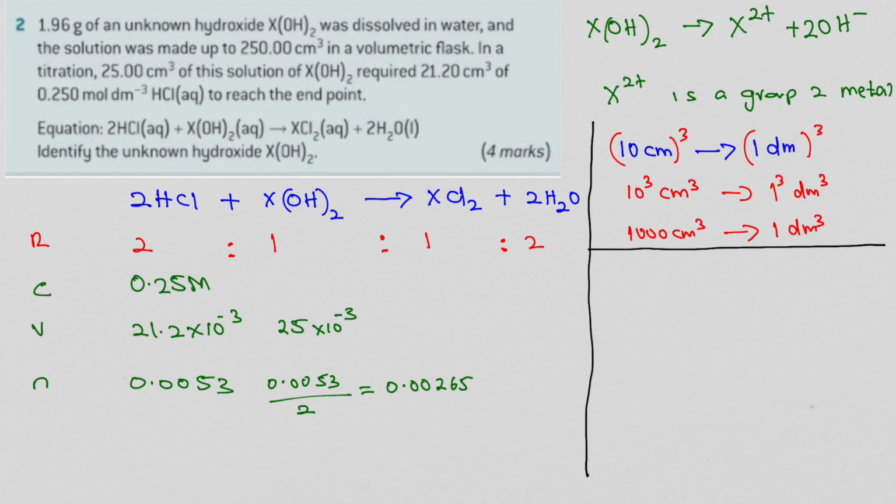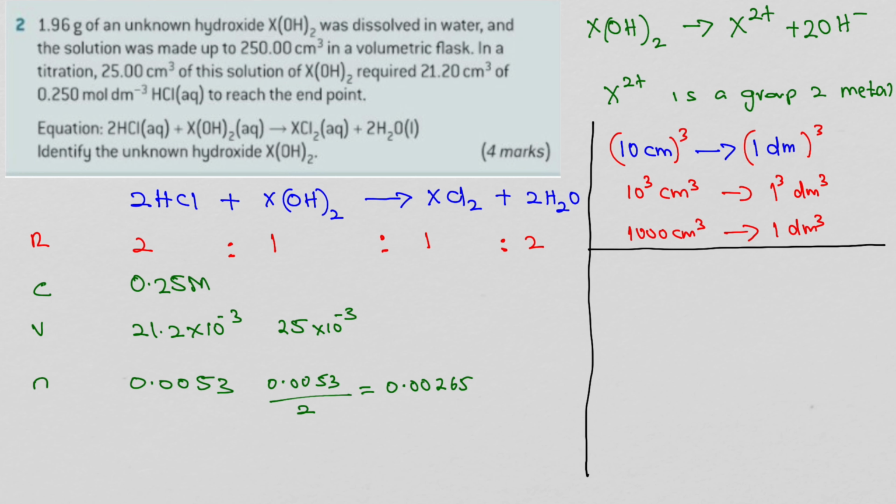So we've used 1.96 grams, and then we've taken 25 centimeter cube from there. So that mole corresponds to that 25 centimeter cube volume. So now we need to map that volume up to 250, which then corresponds to that mass.